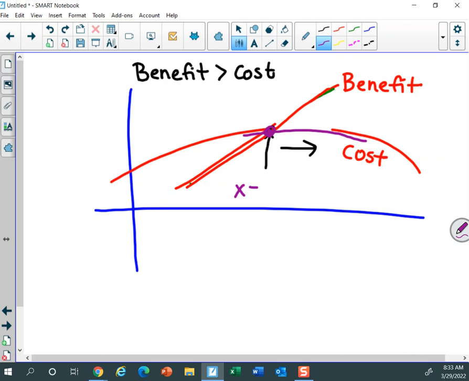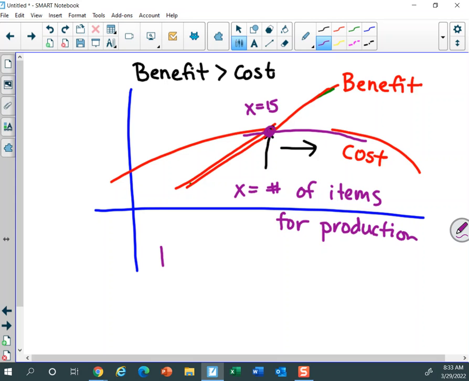If X represents number of items per production, and let's say this is X equals 15, then what we would recommend is, hey, let's make sure we do our production greater than 15.